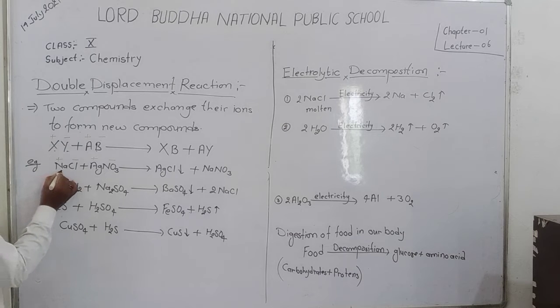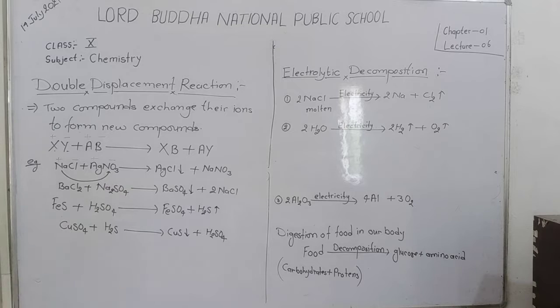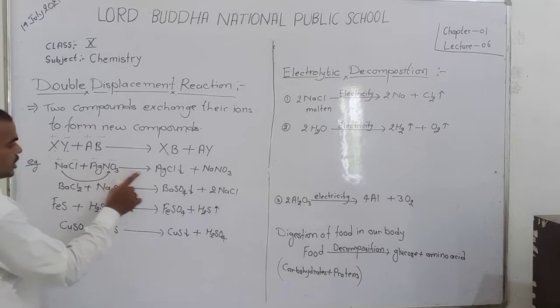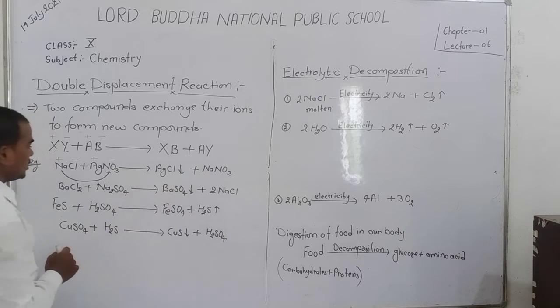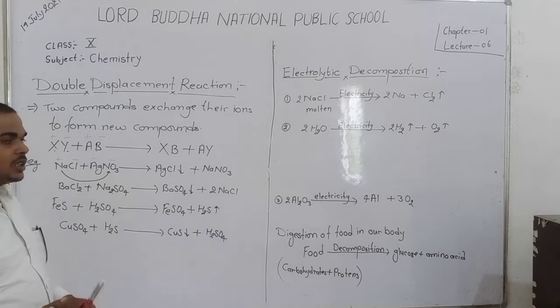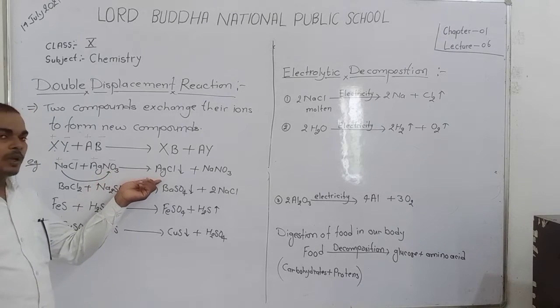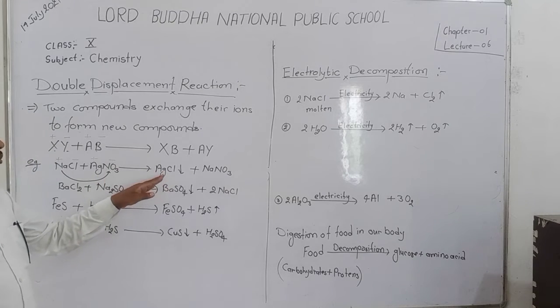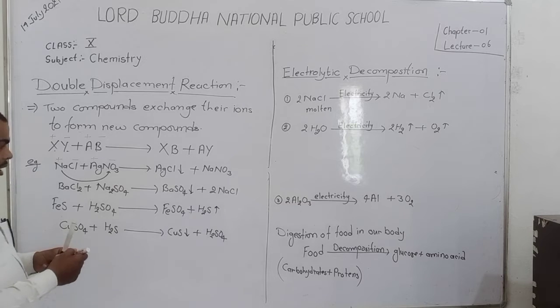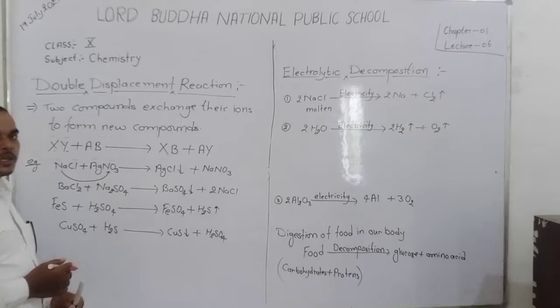Here Na exchanges with NO3 and the compound NaNO3 is formed, and Ag exchanges with Cl and forms AgCl precipitate. This reaction is double displacement and is also known as a precipitation reaction because here AgCl is formed as a precipitate.